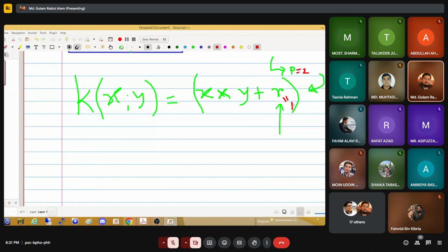So these are our hyperparameters. You have to tune those hyperparameters based on your data set. So we want just a 2-degree polynomial and 1.